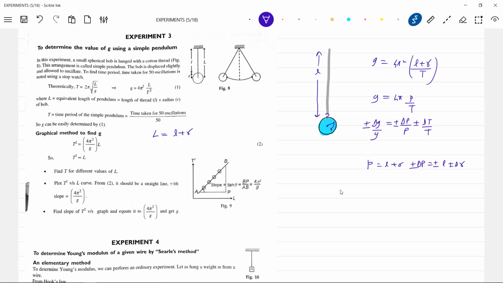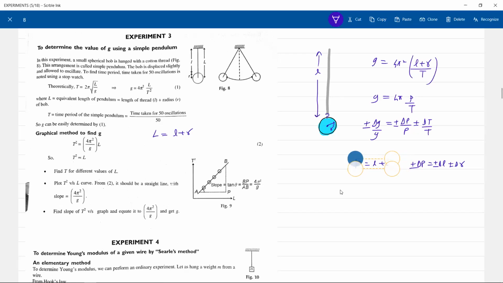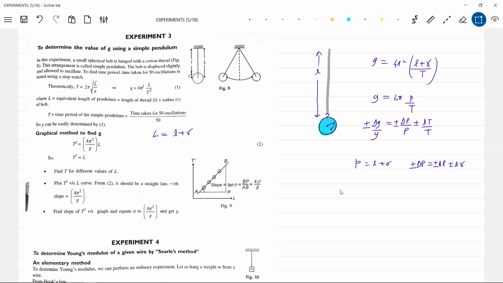Some questions are available like this also. They will trouble you, so you have to be careful. This we are going to substitute here.